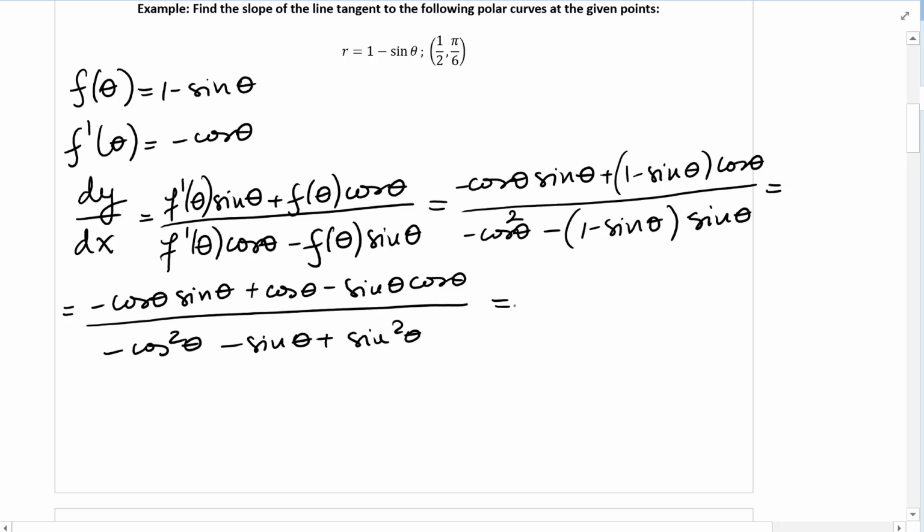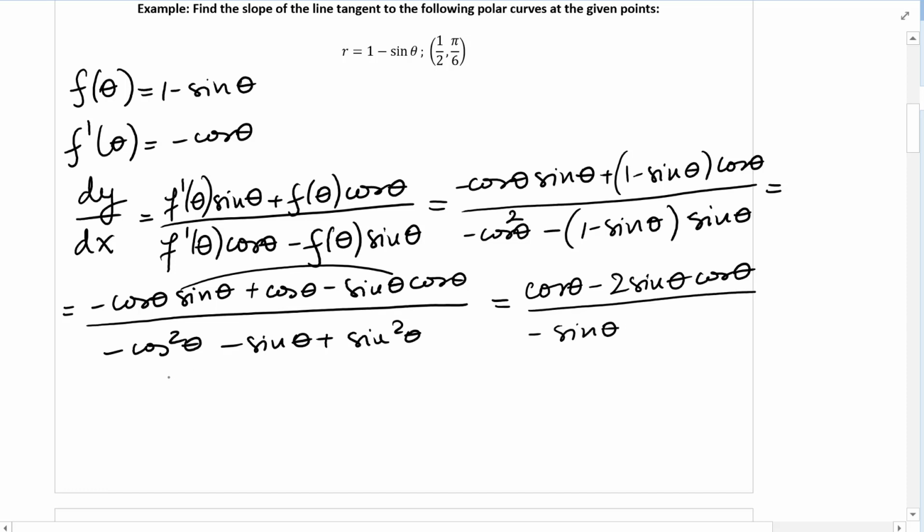So the numerator, we have cosine theta, and those two are negative 2 sine theta cosine theta, and the denominator is negative sine theta, and these two are minus cosine squared of theta minus sine squared of theta.